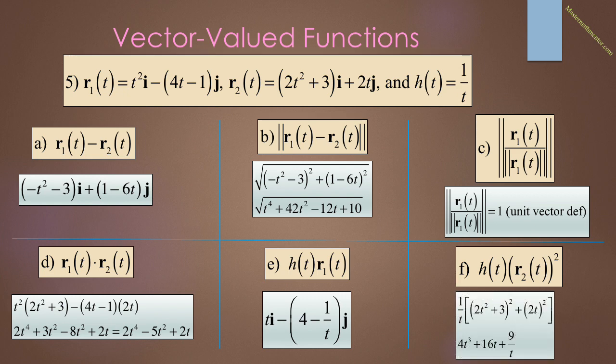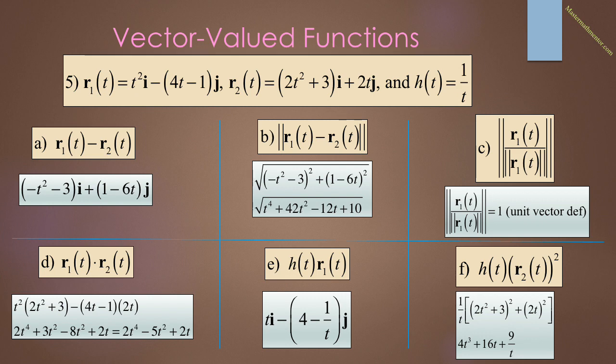F asks for h of t times r2 of t squared. r2 of t squared is a dot product, r2 of t times r2 of t, which is a scalar. And h of t is a scalar, so this is a scalar times a scalar, which is a scalar. r2 of t dot r2 of t, we get (2t squared plus 3) quantity squared plus (2t) quantity squared.